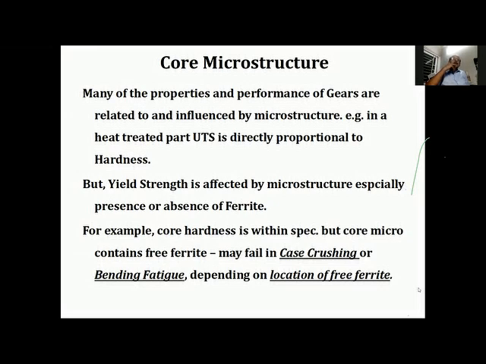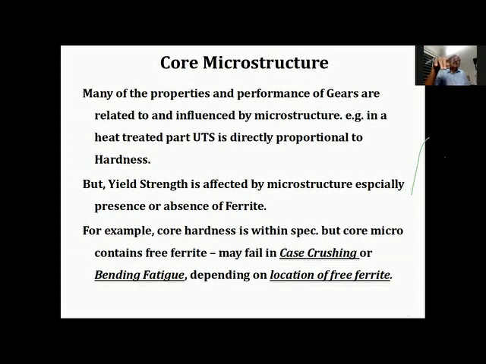So many of the properties and performance of the gear are related to and influenced by microstructure. In a heat-treated component, UTS is directly proportional to the hardness. It has got a good relation to the hardness at that point.